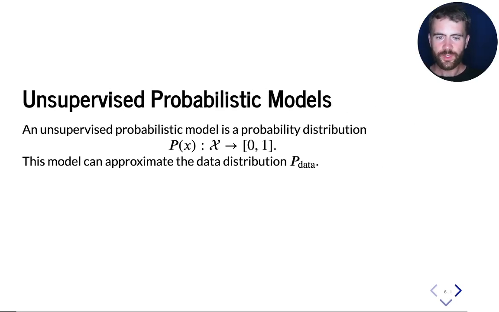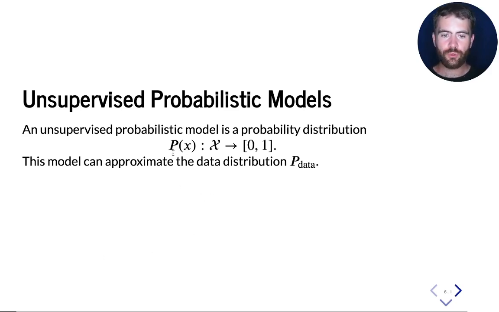When we talked about supervised learning, we also made a really similar assumption. We assume that data is coming from a data distribution, and one interesting modeling approach is to parameterize a probability distribution and fit it to approximate the true data distribution. This is what we did in supervised learning, and this is what we're going to do in unsupervised learning as well.